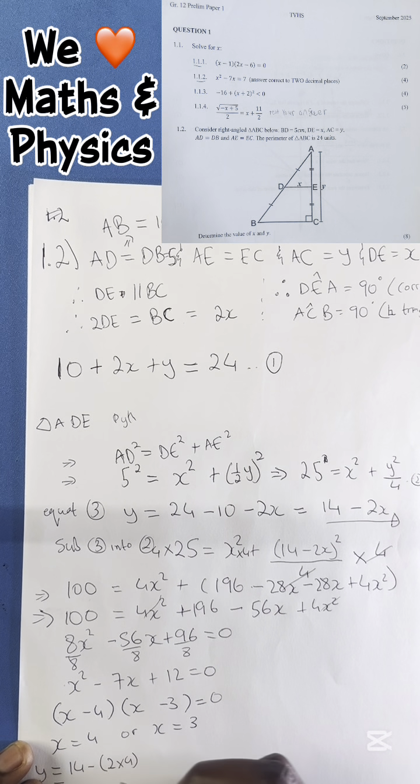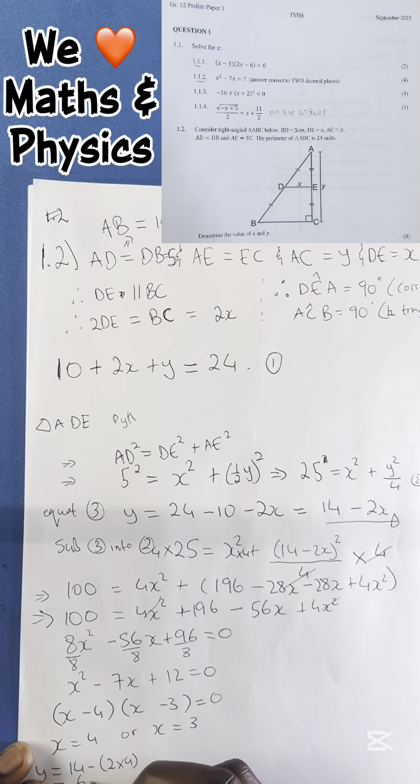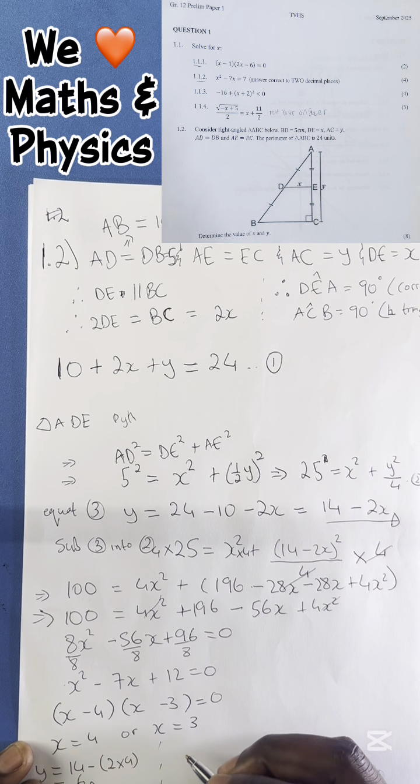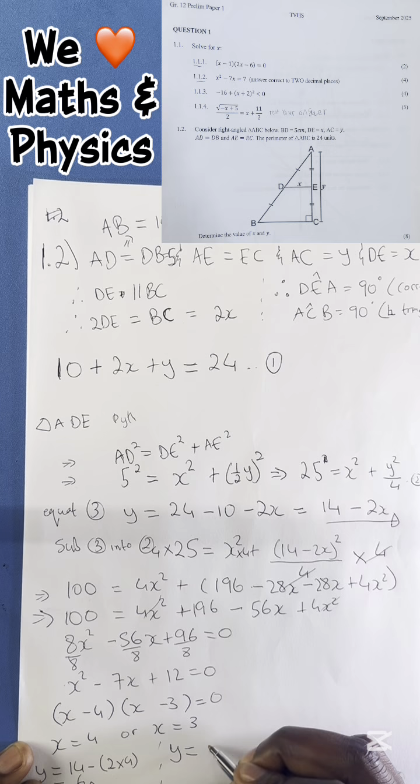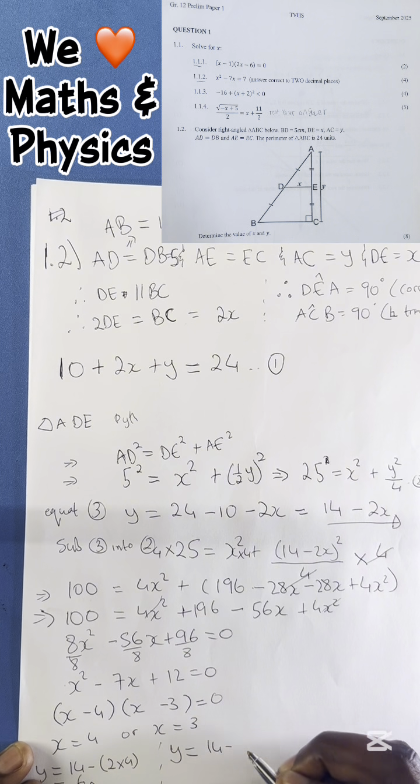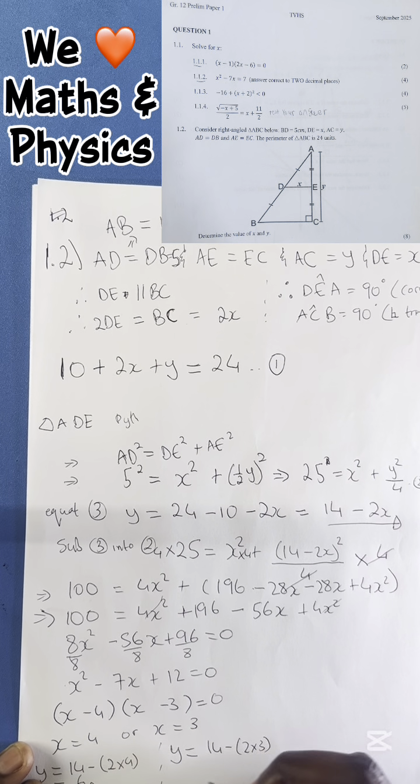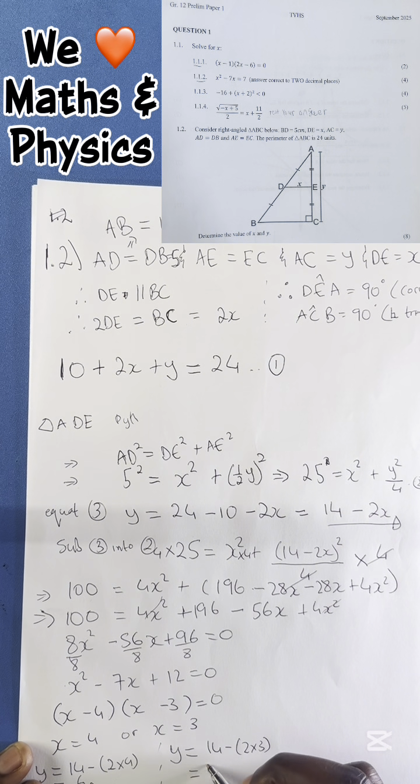That means y is equal to 14 minus 8, which will give us 6. So y is equal to 6 when x is equal to 4. Or y is equal to 14 minus 2 times 3. That means y is equal to 14 minus 6, which gives us 8.